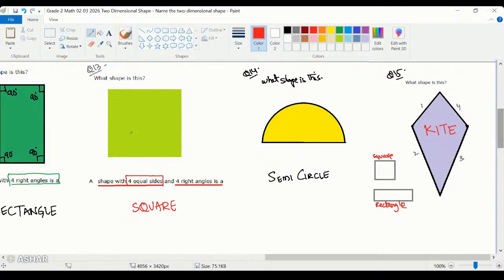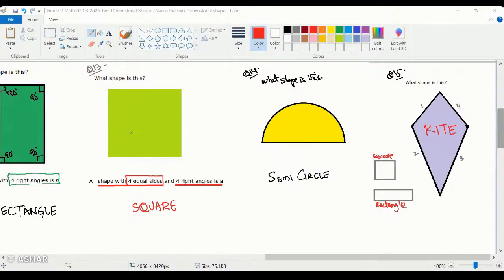Can we see how many questions are there in the test? Just a moment. Let me see. There are 10 questions in the test. Let's do the test. What shape is this? Very simple.